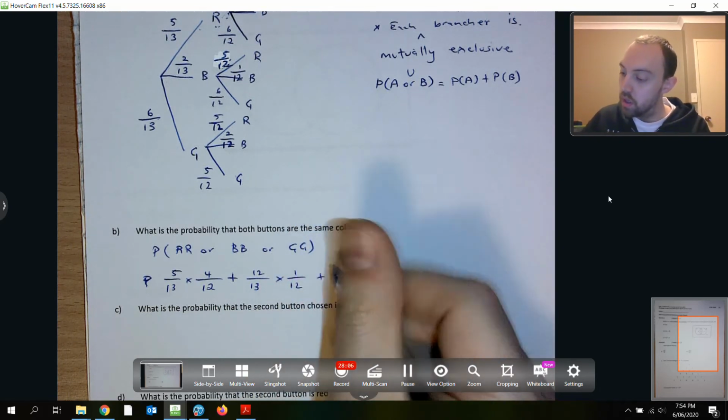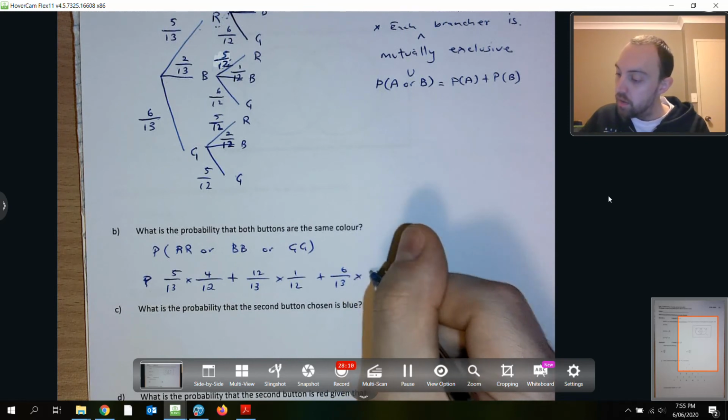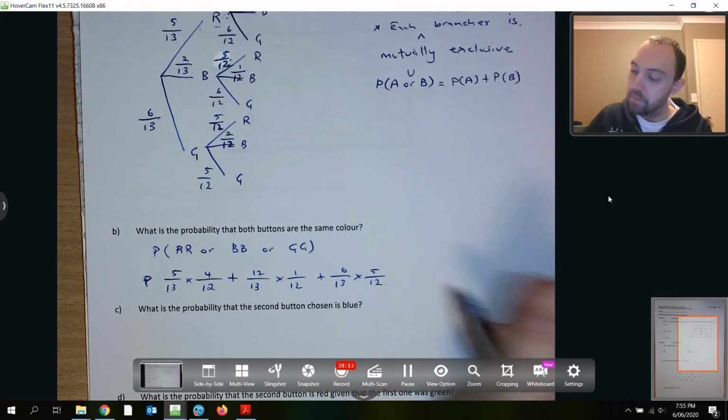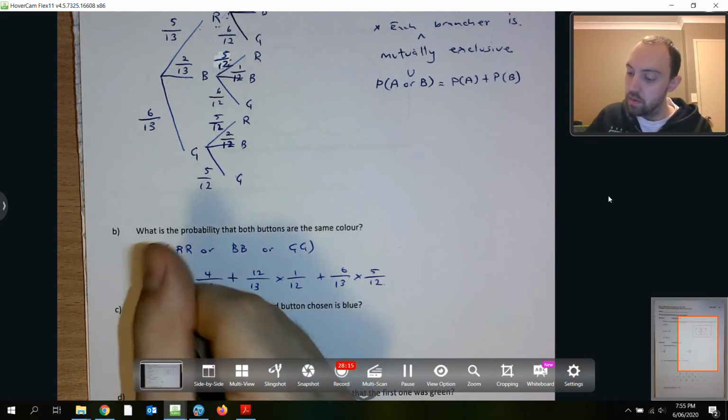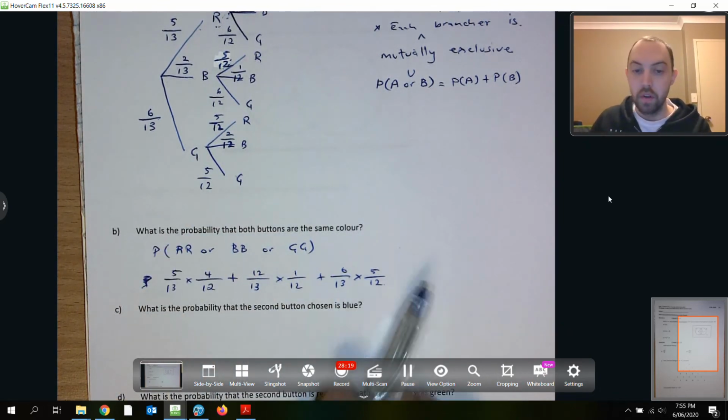So that's green, green, which is 6 out of 13 times 5 out of 12. These are each situations where I can get the same color: both red, both blue, both green.